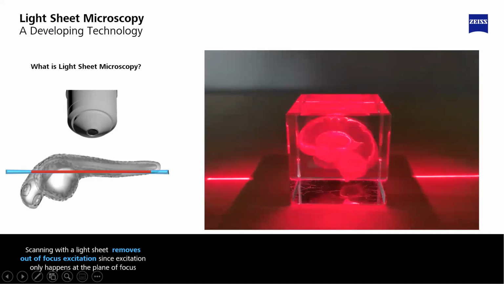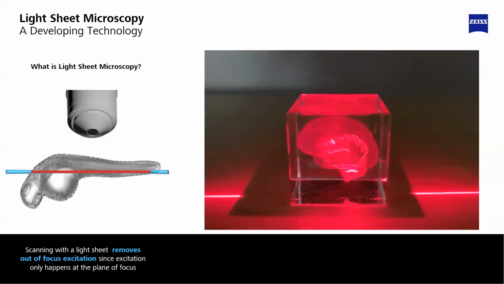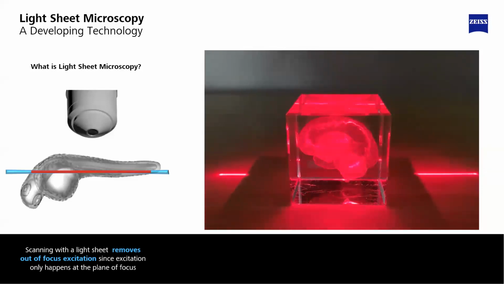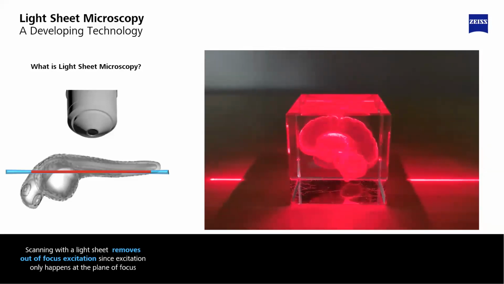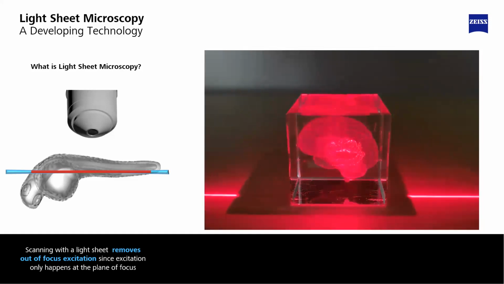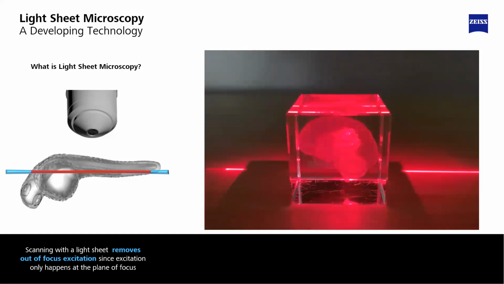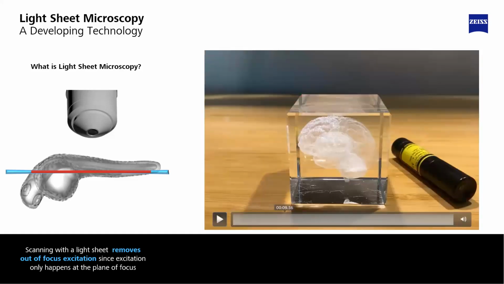But to illustrate the core principles and advantages of light sheet, I like to use this simple demonstration where the specialized laser pointer isn't generating a point, but rather a beam of light, or a sheet of light. And when this sheet gets scanned over the block here, you can think of this as like a sample in a light sheet.